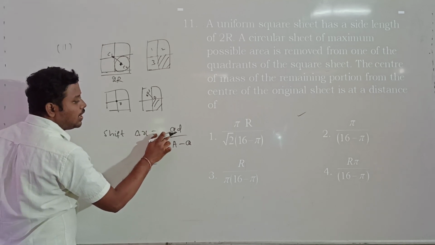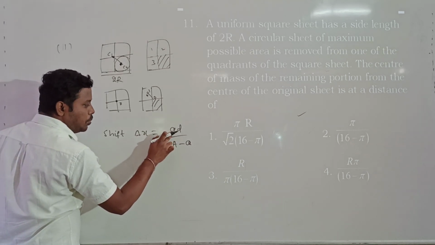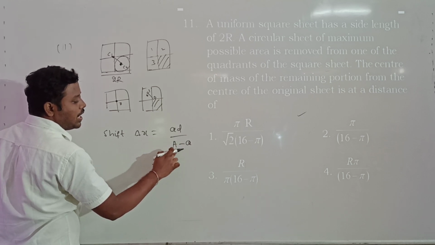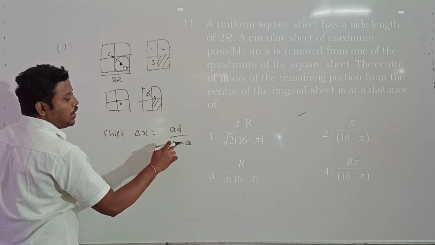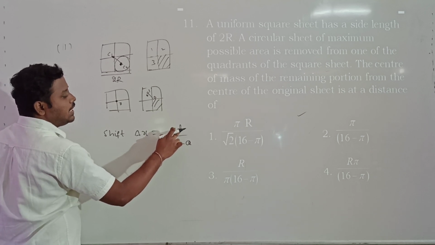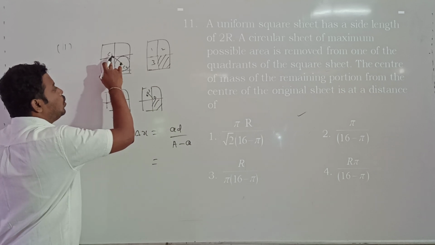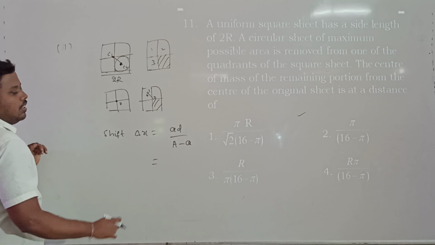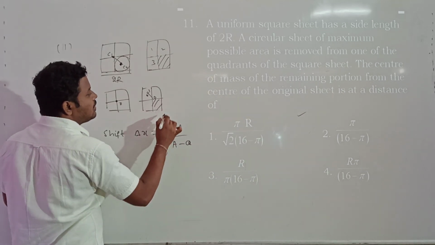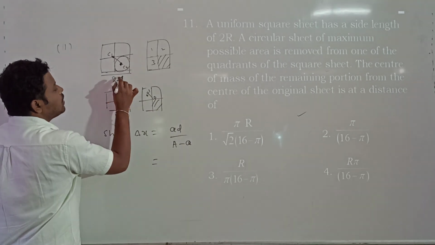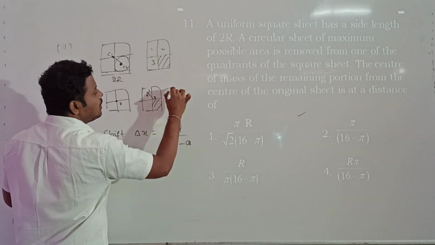Small a is the area of the circular disc which is removed. Capital A is the area of the total uniform square sheet. And d is the distance between the center of the total sheet and the center of the removed circular disc. So what is the value of a? The total side length is 2r, so the diameter of the circular disc is r, and the radius is r by 2.